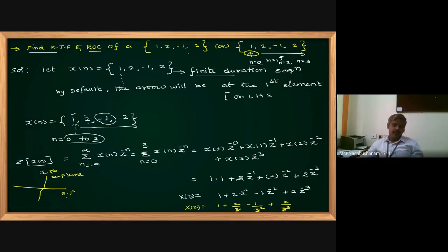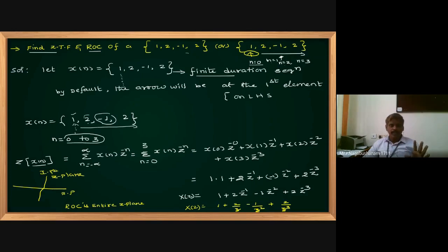Okay now. So ROC is the entire z plane. Entire z plane means we can take any value in the z plane, whether z equal to a real number, a pure complex number, a complex conjugate number, or a negative value.